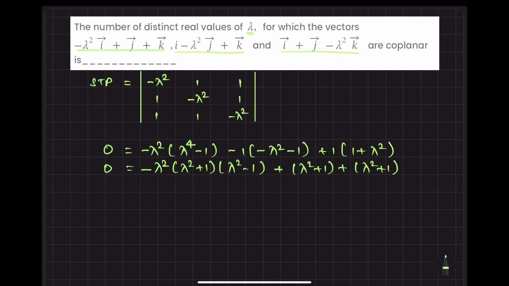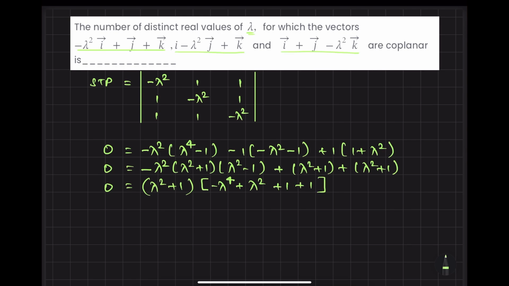So I can take lambda square plus 1 common from all the three entities. So lambda square plus 1 will come outside, and we will be left with lambda minus lambda power 4 plus lambda square, and then plus 1 plus 1.